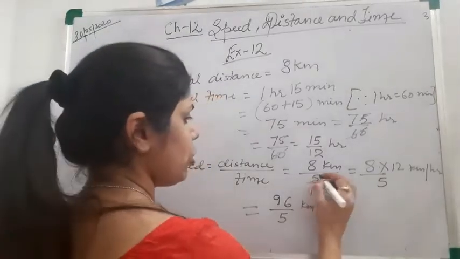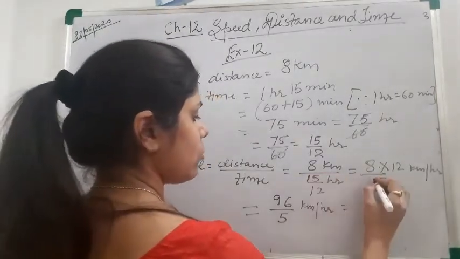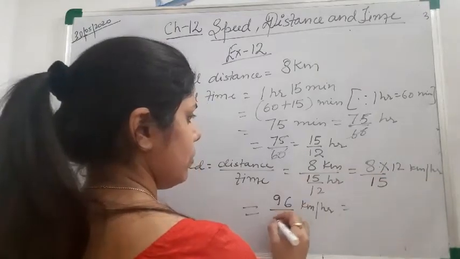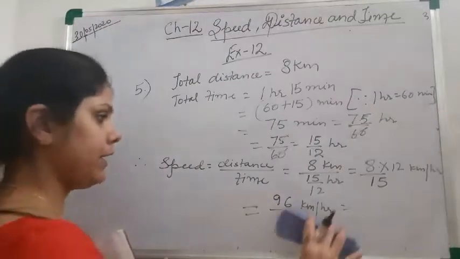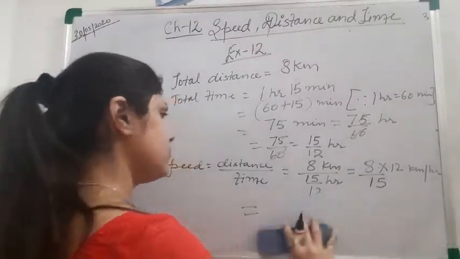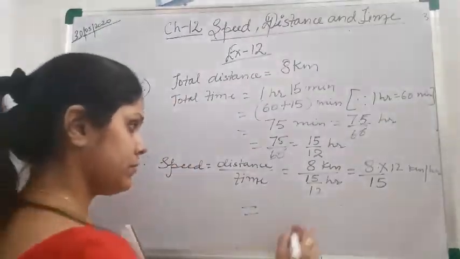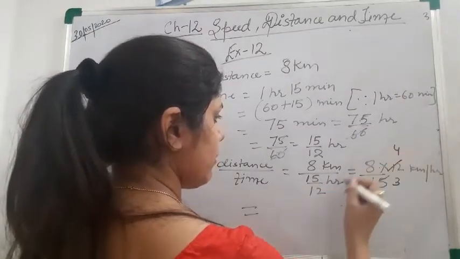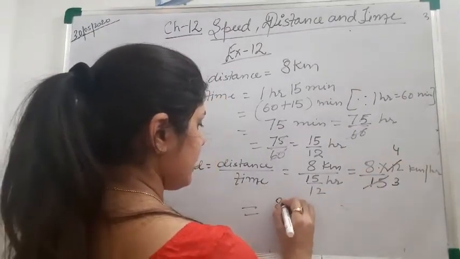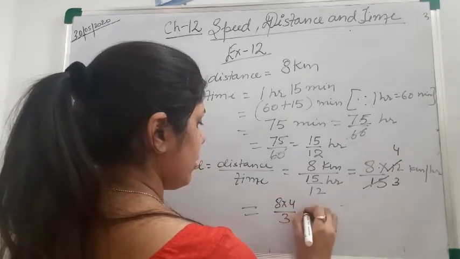It is 15 upon 12. I have done wrong. So I am doing correction here. Please don't copy it. Five threes are 15, 5 fours are 12. So it will be 8 into 4 upon 3.